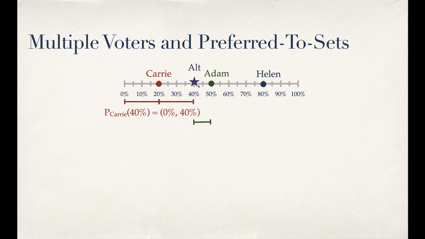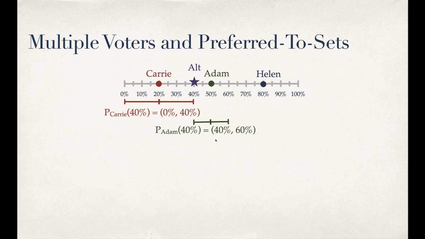All of those things are better, in Adam's opinion, than 40%. Also, since Adam has single-peaked and symmetric preferences, Adam also prefers everything equidistant on the other side. So 40 and 60 are his indifference points, and they are the boundaries of his preferred 2 set. So the preferred 2 set of Adam for the alternative 40 is everything between 40 and 60, but not including 40 and 60. Again, that's why we have the parentheses or the soft brackets on either side.